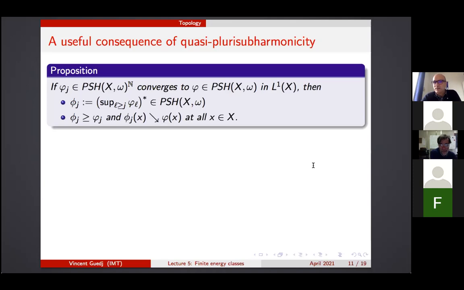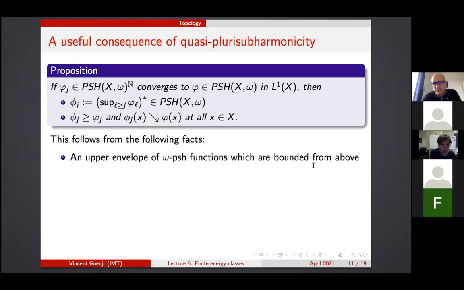And here, this proposition gives you a recipe, starting with a sequence that only, or simply, converges in L1. It's a recipe to look up another sequence which is much better behaved. And the proof, let me explain briefly why this proposition holds.